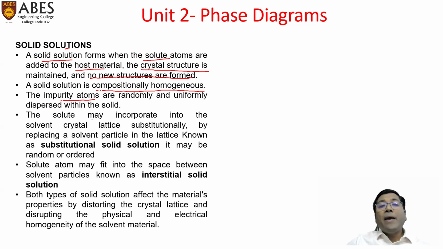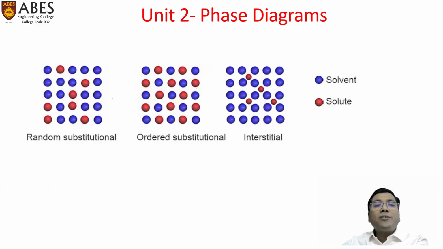The solute may incorporate into the solvent crystal lattice substitutionally, by replacing a solvent particle in the lattice, known as a substitutional solid solution, and it may be random or ordered. This we can see in this picture. These red atoms are taking the place of blue atoms. Since the number of blue atoms is more, the blue atoms are the solvent.